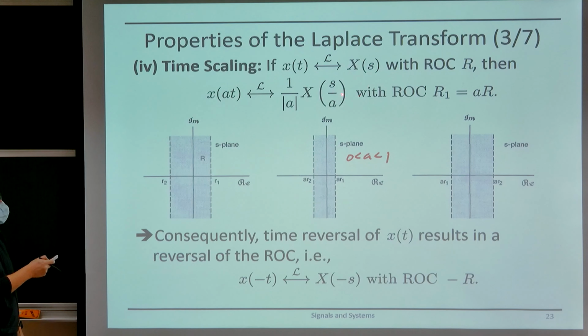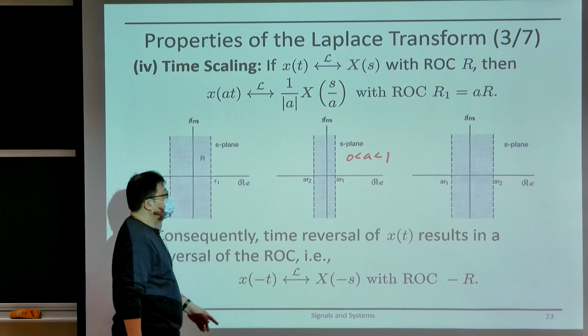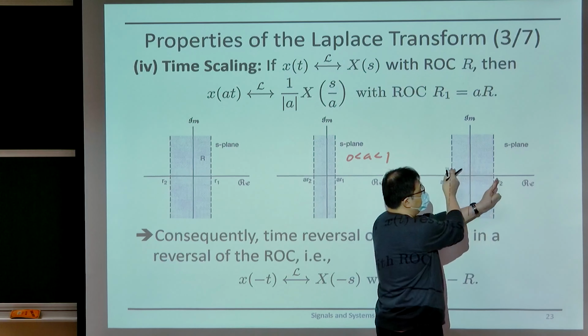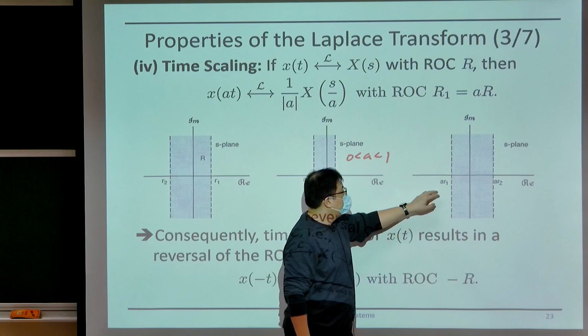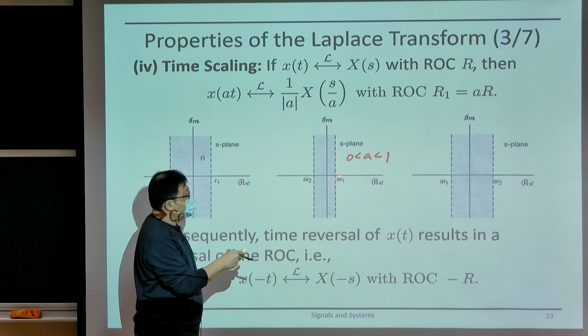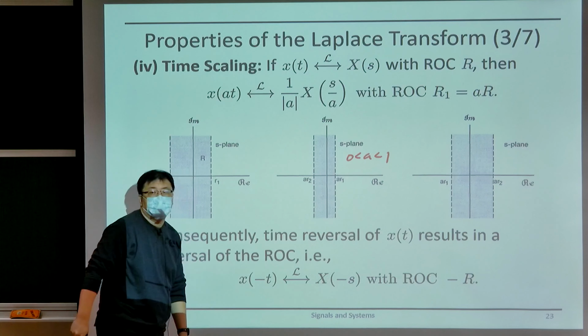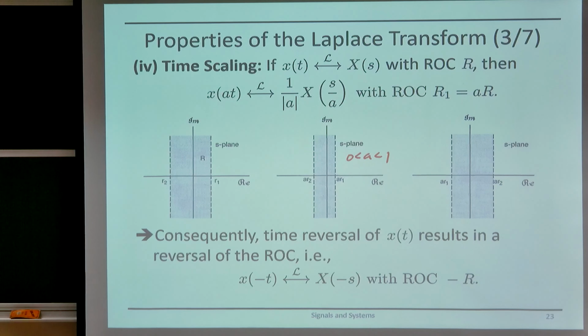If a is negative, then you actually have a reversal of these two points, so aR1 becomes negative and aR2 becomes positive. So for a less than 0, you have this reversal of the boundary points.